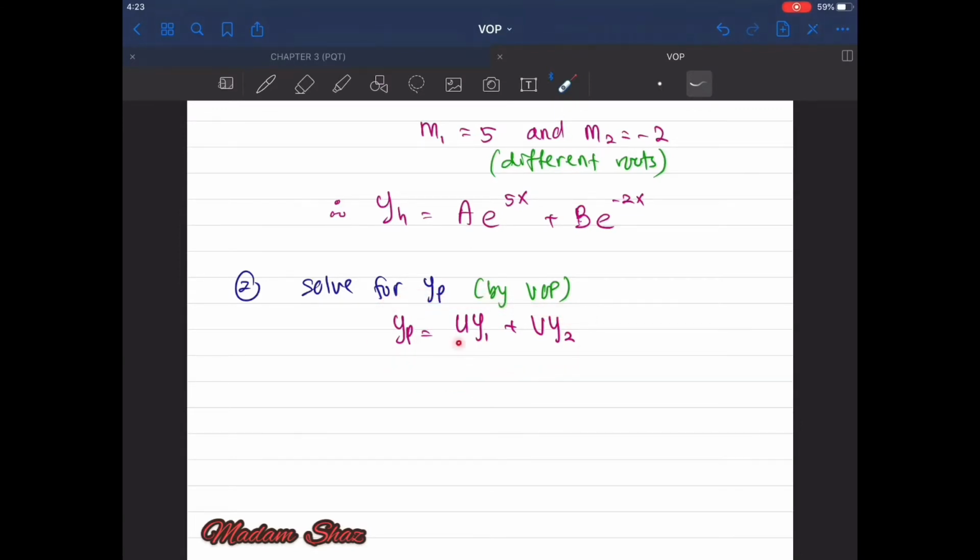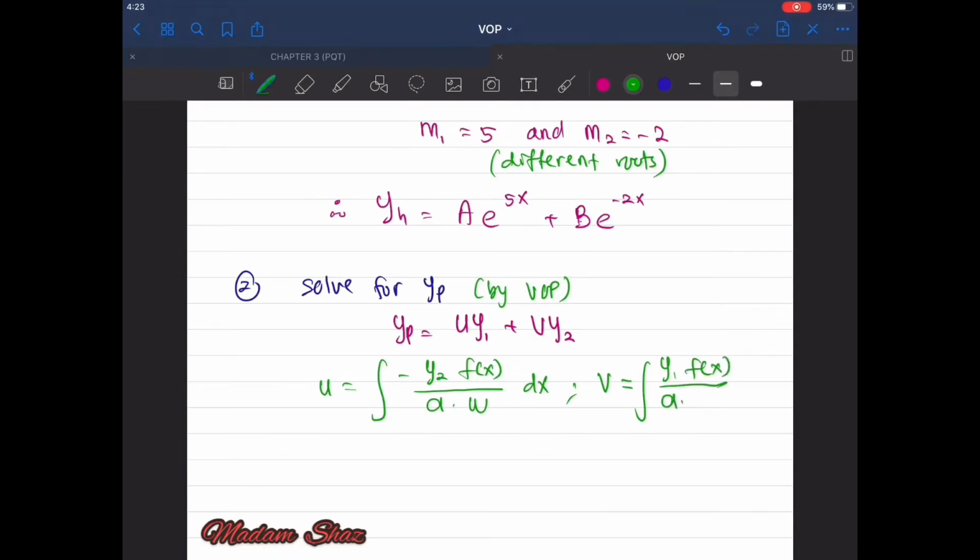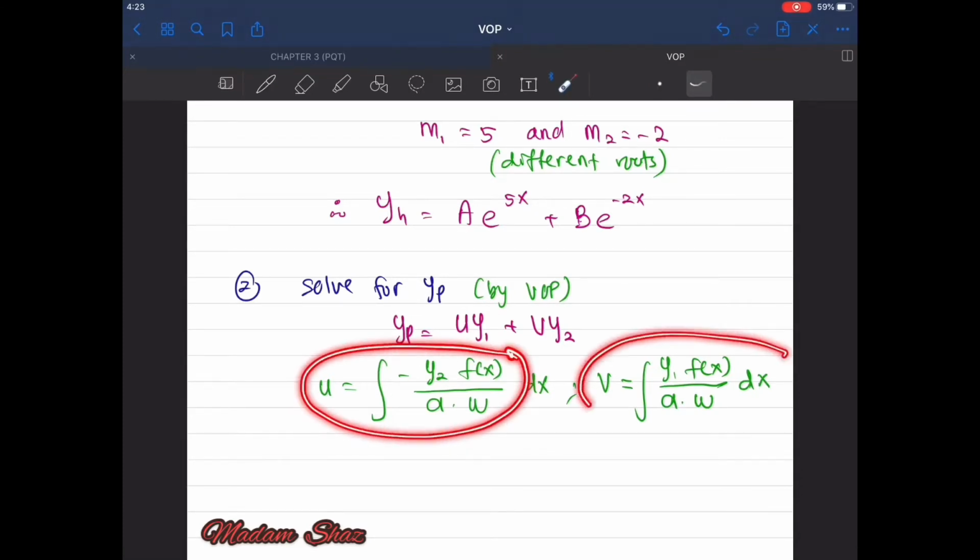You need to declare 4 things: u, y1, v and y2. The formula to calculate u is u equal to integrate negative y2 fx divided by a multiply w dx, whereby the formula for the v is equal to integrate y1 fx over aw dx. So there are two formulas, the formula for the u and the formula for the v.